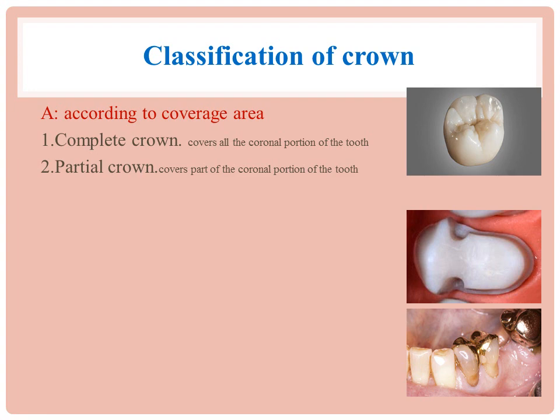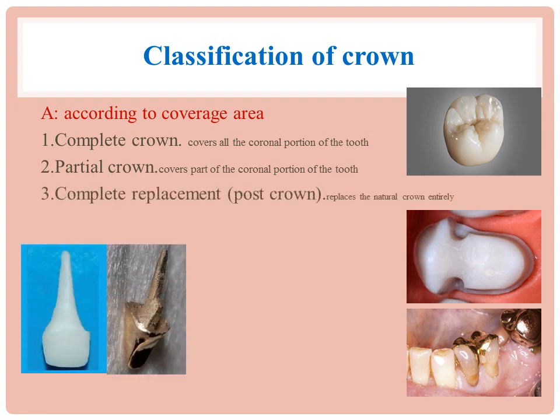As you see in this picture, the crown covers all surfaces except the buccal surface, which is called a three-quarter crown, or it may be a complete replacement, in which the crown replaces the natural crown entirely. But this type of crown should contain an extension that extends inside the root canal to give retention for the crown.